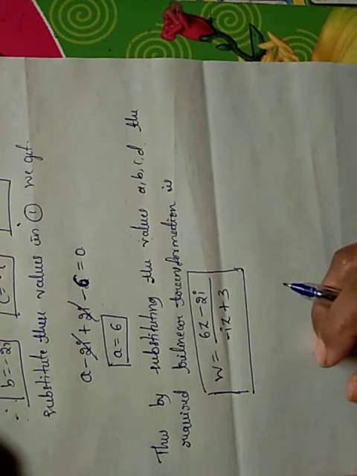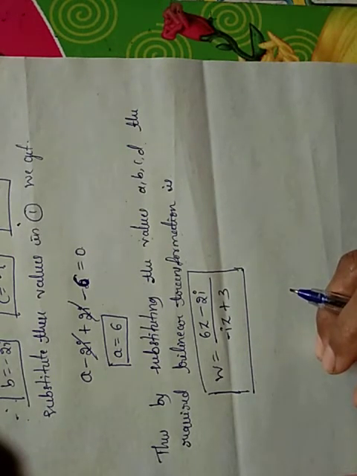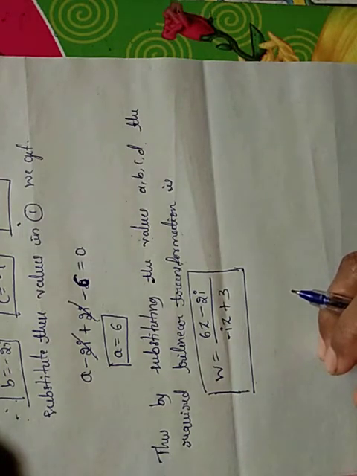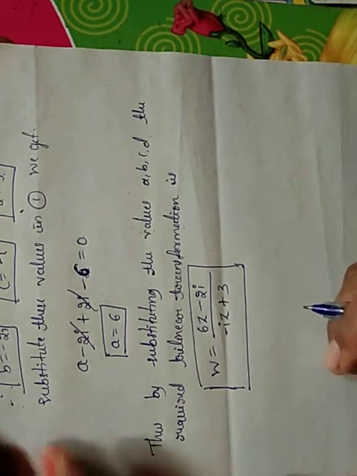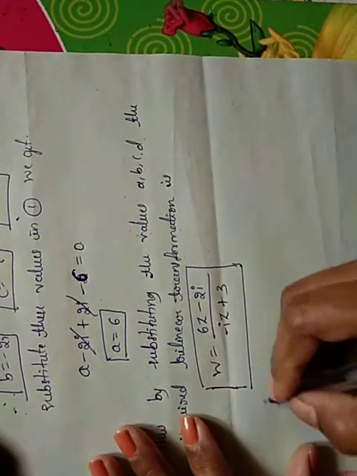Now we have to find out the invariant points of this bilinear transformation.